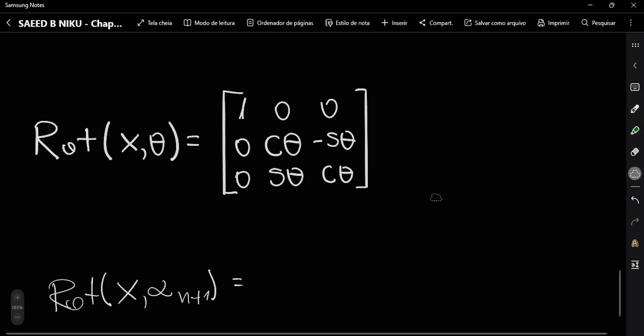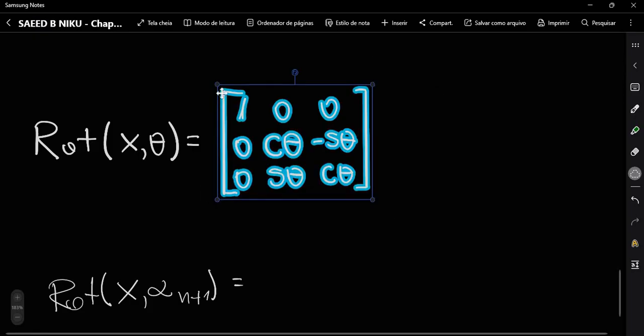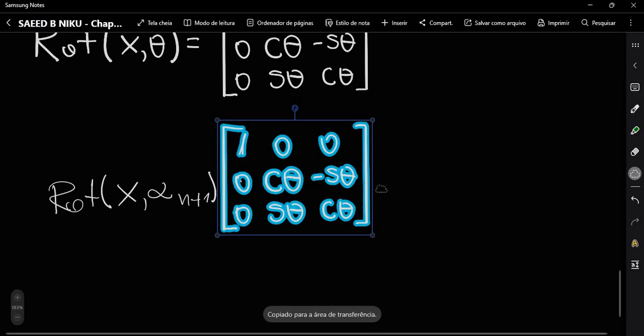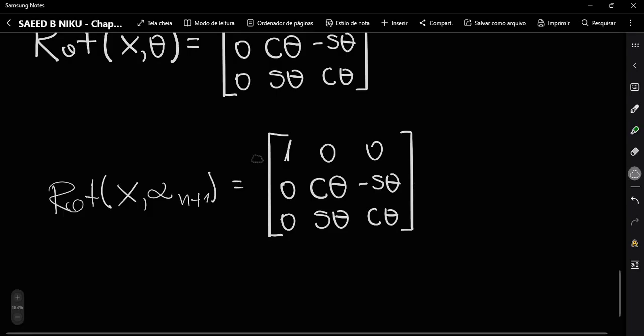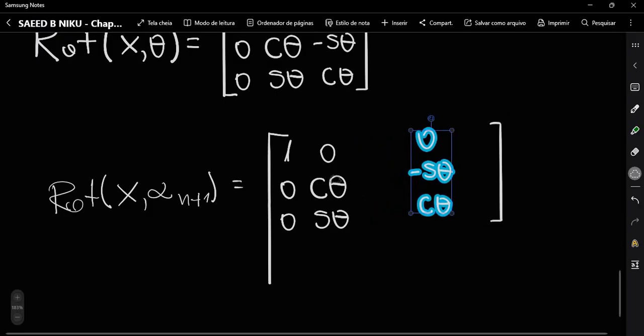So let's just adapt this characteristic matrix. And now it's alpha, not theta.